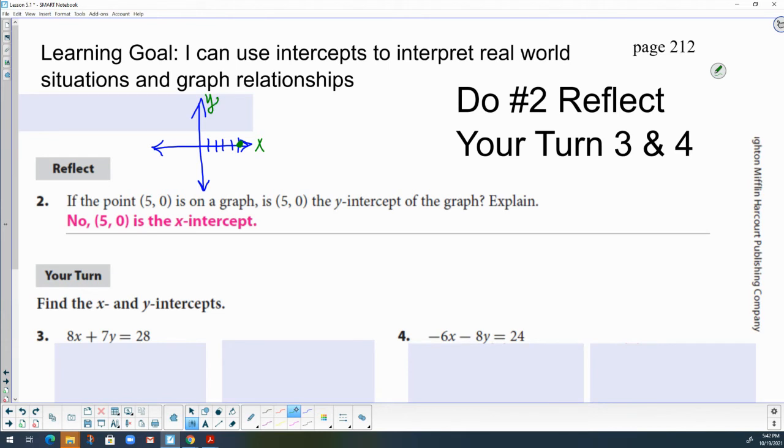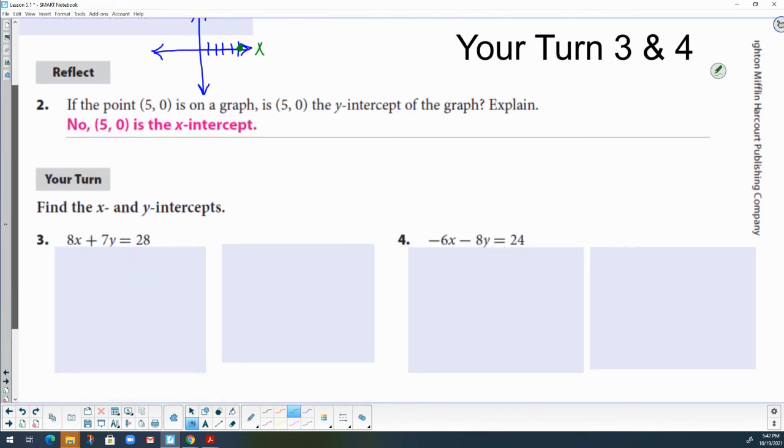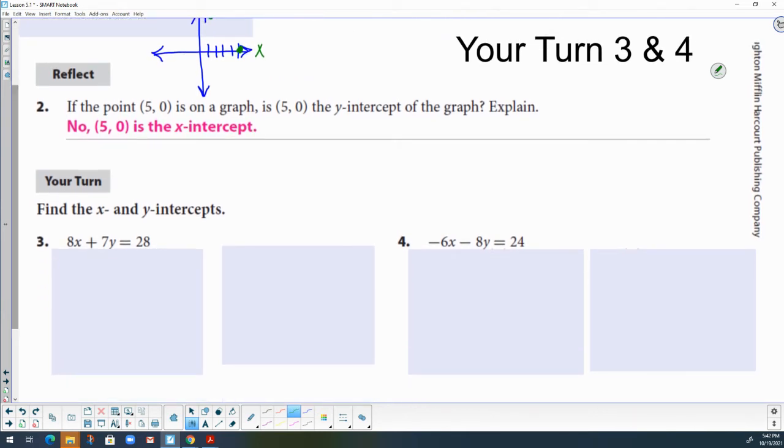All right, so the your turn. Once again, I'm just going to start off by writing my x-intercept, which I know is going to be x, 0. That's what I'm going to solve for first.